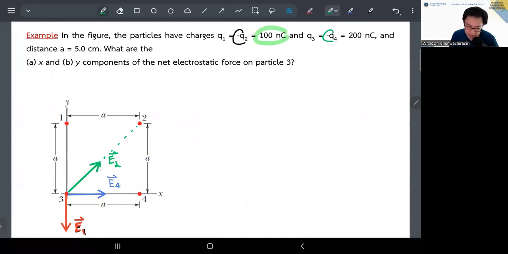You can break the E2 into 2 components, the horizontal and vertical component. With me? All right. You know that the angle over here is 45 degrees, so the one pointing up is going to be E2 root 2 over 2, right? It's just E2 sine 45. And you also have the horizontal component of E2, root 2 over 2 as well.